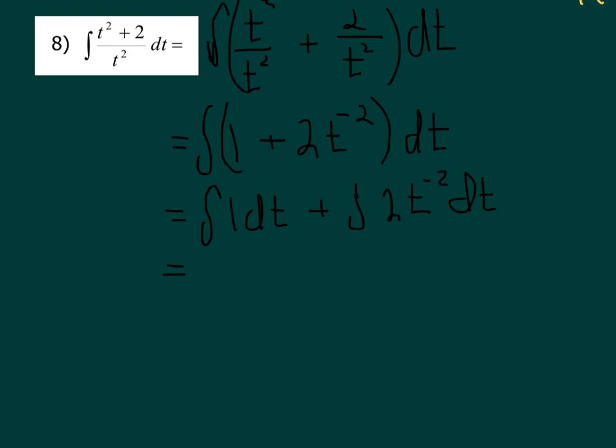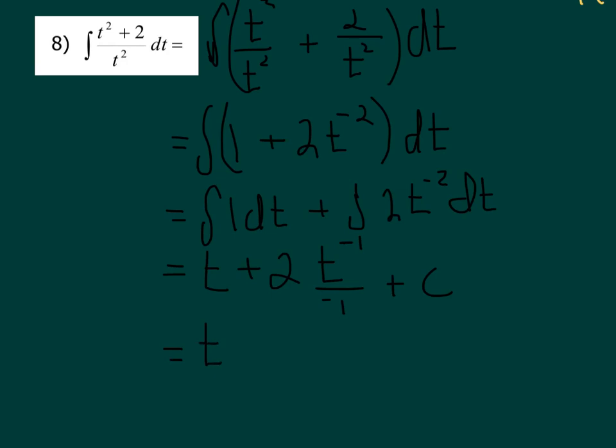So the integral of 1 times differential of t equals t plus the constant. Then 2 times the integral of t to the negative 2: we have to add 1 to the negative exponent. So we're going to have negative 1 over negative 1 plus the constant. And we're going to rewrite negative exponents.